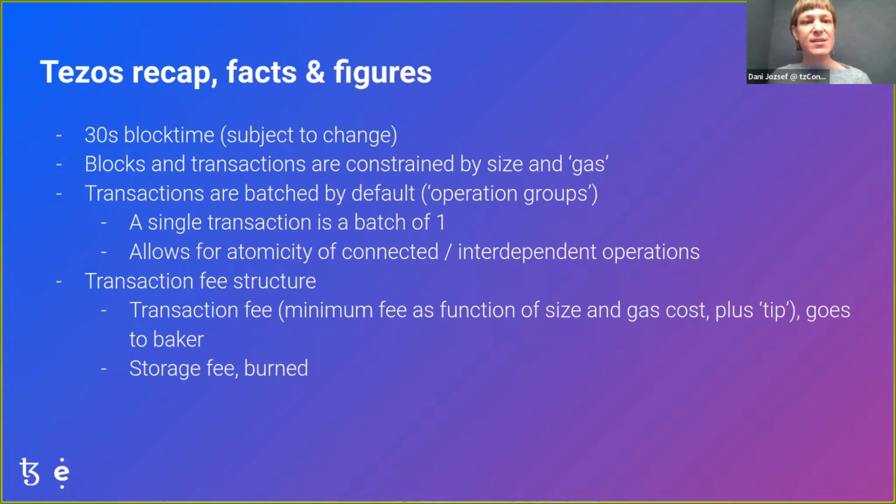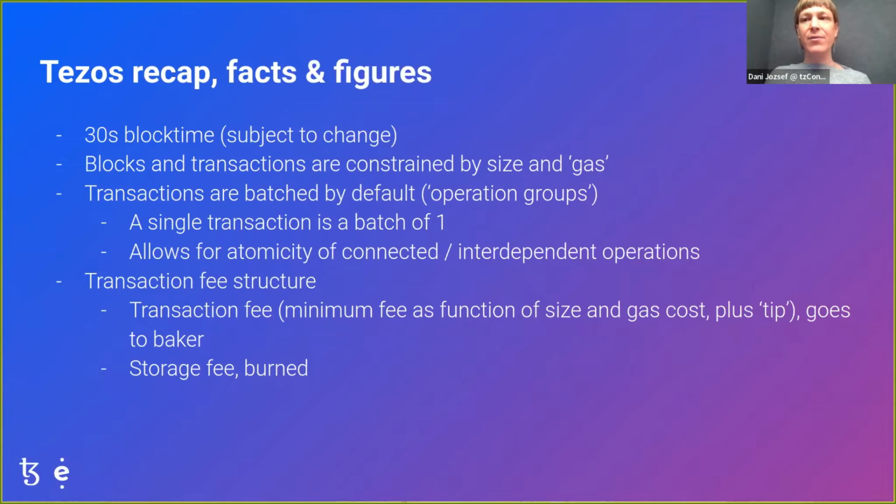And in Tezos, when you execute something, of course, you need to pay a transaction fee. The way this fee is structured is that there is the actual transaction fee that the baker who bakes the block gets, which is made up of a minimum fee, which is a function of the size and gas cost of your call, and some tip above that you decide.